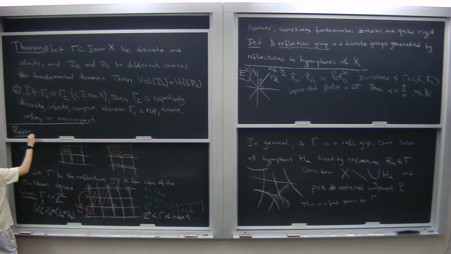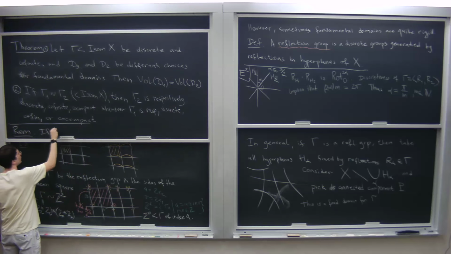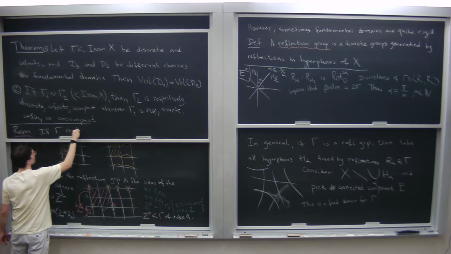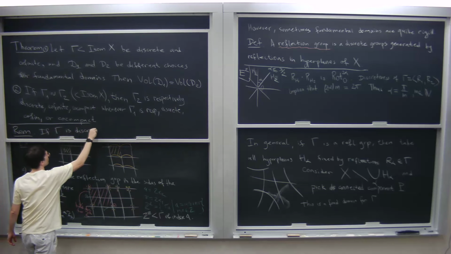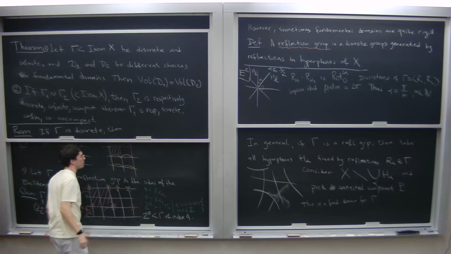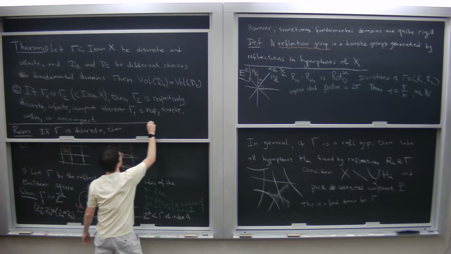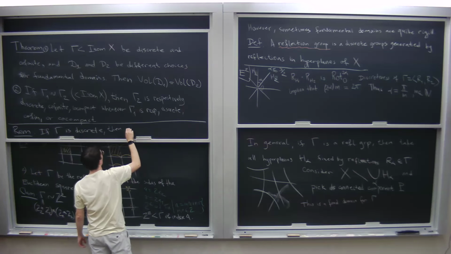Remark: if gamma is discrete, then all elliptic elements of gamma are of finite order.